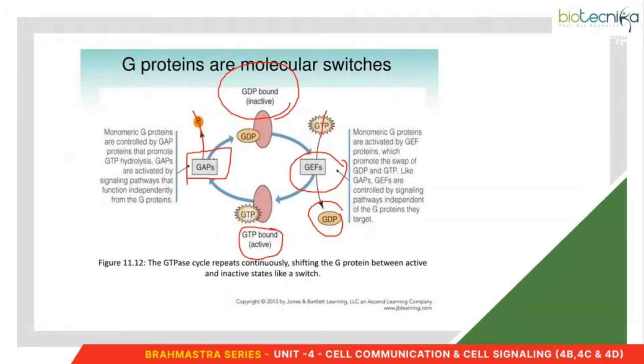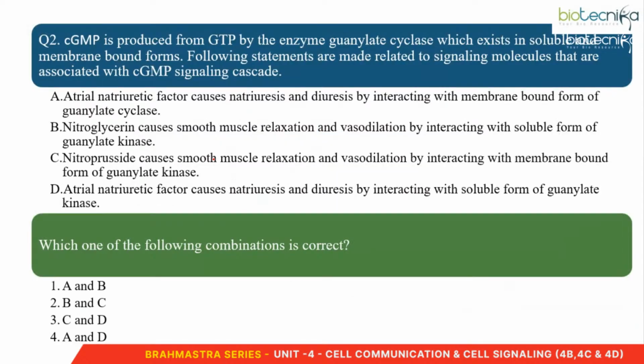Okay. So moving on to our next question. cGMP is produced from GTP by the enzyme guanylate cyclase, which exists in soluble and membrane bound forms. So here are some statements provided. Atrial natriuretic factor, that is ANF, causes natriuresis and diuresis by interacting with the membrane bound form of GC. Nitroglycerine causes smooth muscle relaxation and vasodilation by interacting with the soluble form of GC.